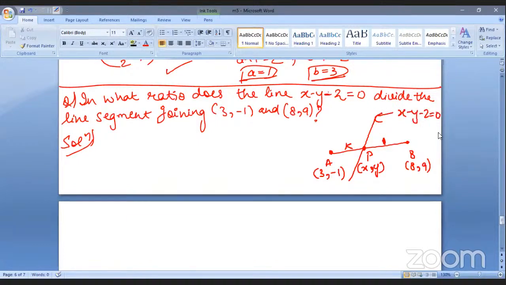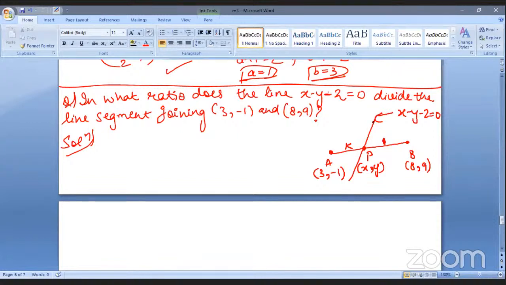So if we keep this point, whatever coordinates are there right now, we don't specifically know the value of x and y, but by chance we are able to find it. Then when we put it in this line's equation, which is already given to us, it will result into 0, which means it will tell us that yes, this point will satisfy this line.